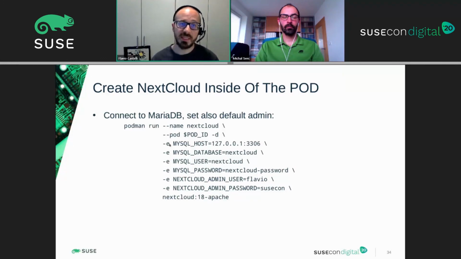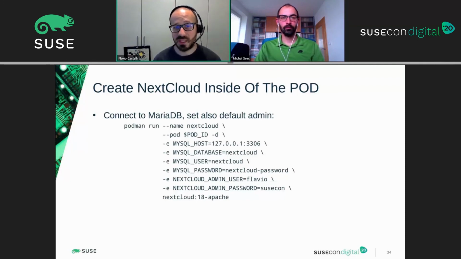And then we provide a series of environment variables that are specific to the Nextcloud container image. Some of these environment variables are related to where the database required by Nextcloud can be found. The important piece here, as you can see, is that the MySQL host is localhost. That's because the two containers are running inside of the very same pod.